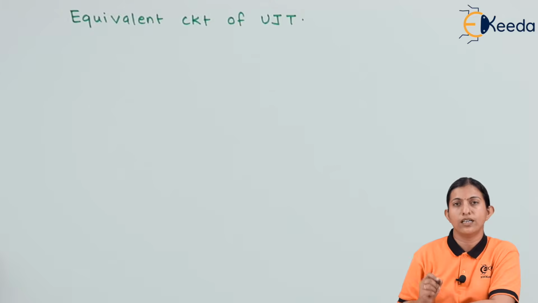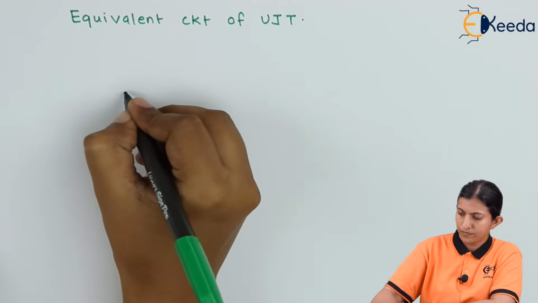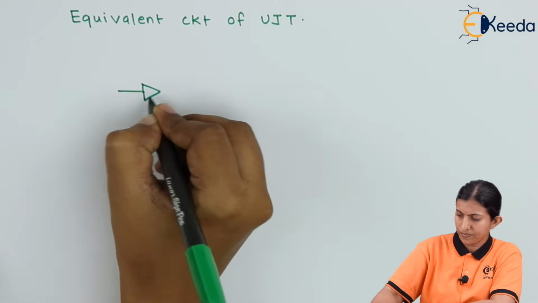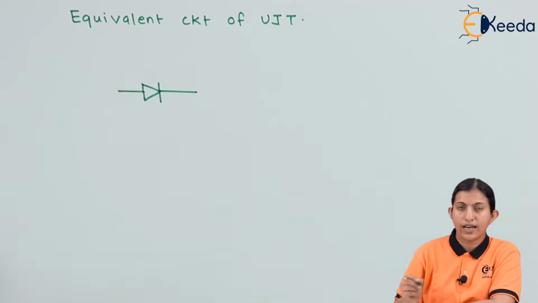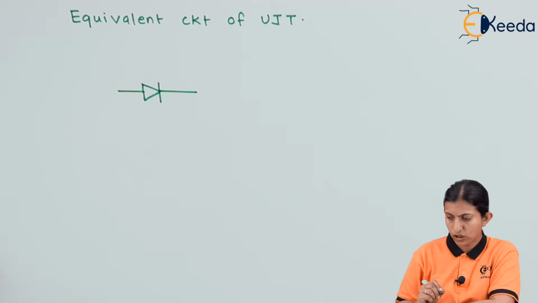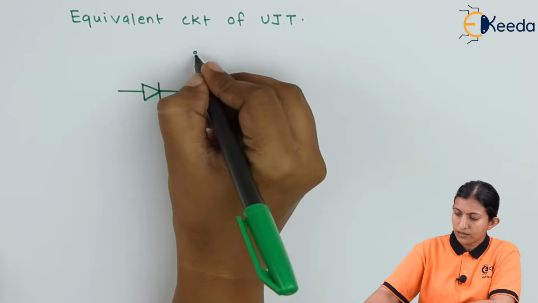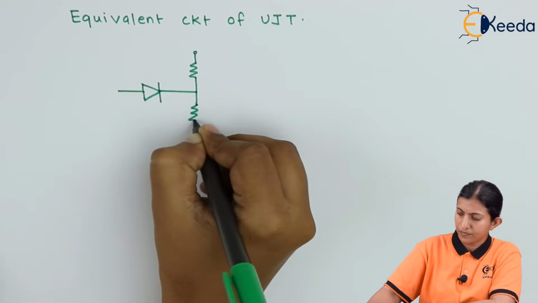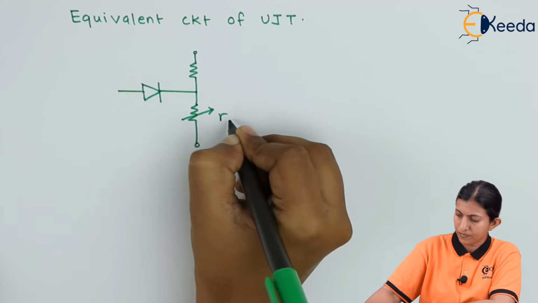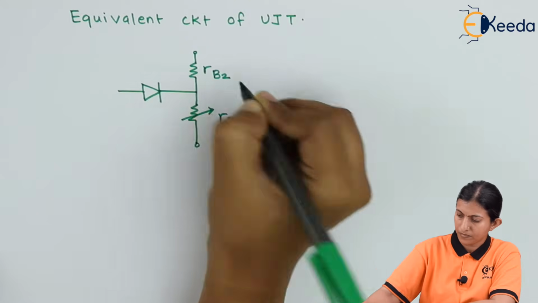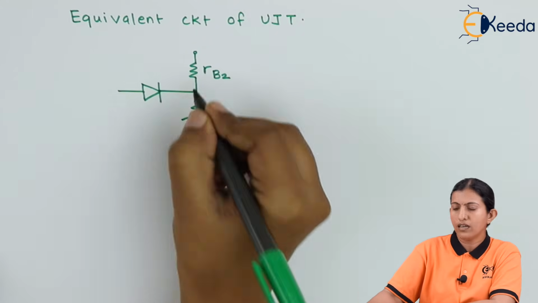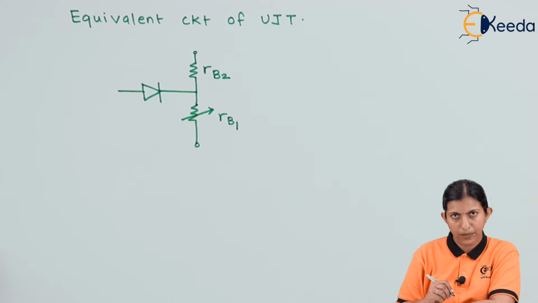As we have seen the construction of the UJT, the next is the equivalent circuit. As the UJT contains N-type material and P-type material, there is a formation of a PN junction, and the PN junction can be represented as a diode. So this diode represents the PN junction, and these are the internal resistances of the base region.